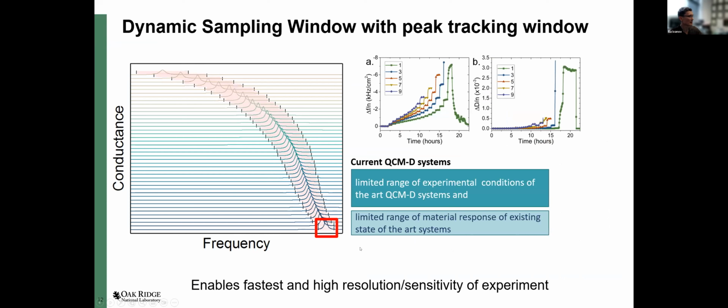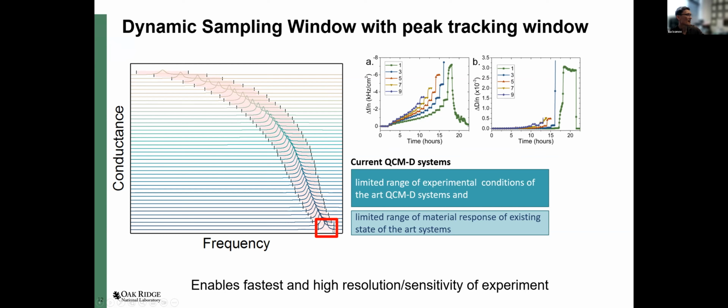Looking at commercial instrument design, we realized the high resolution that is possible to achieve in commercial systems is limited because the range of sampling frequencies, or sampling window, is limited as well. Once the peak shifts off the sampling window as a result of the environment, you basically lose this peak, as you can clearly see in these commercial QCMs.